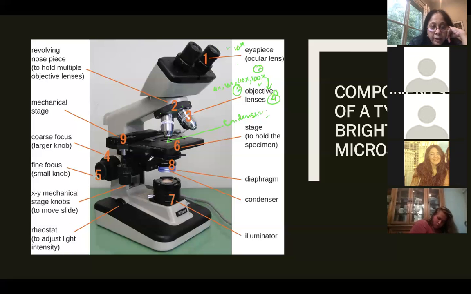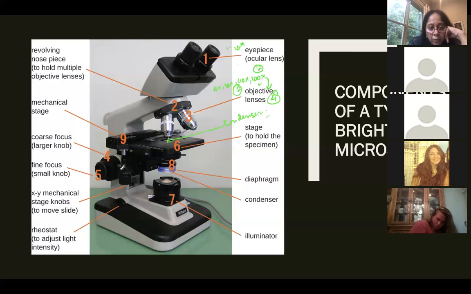On both sides of the microscope, attached to the arm, you can see two knobs. One is large and one is small. The large one is called the coarse focus knob, and the smaller one is called the fine focus knob.